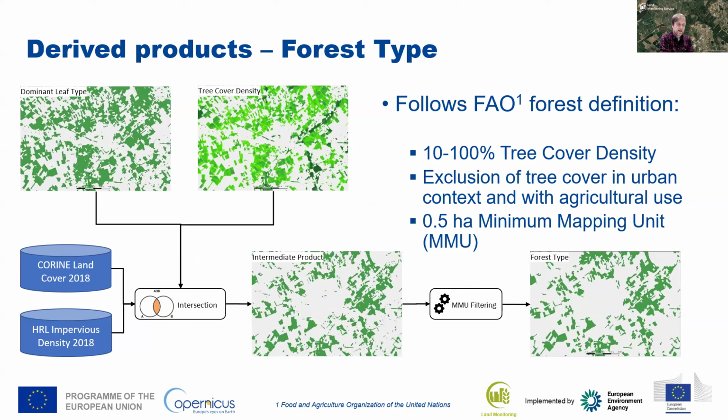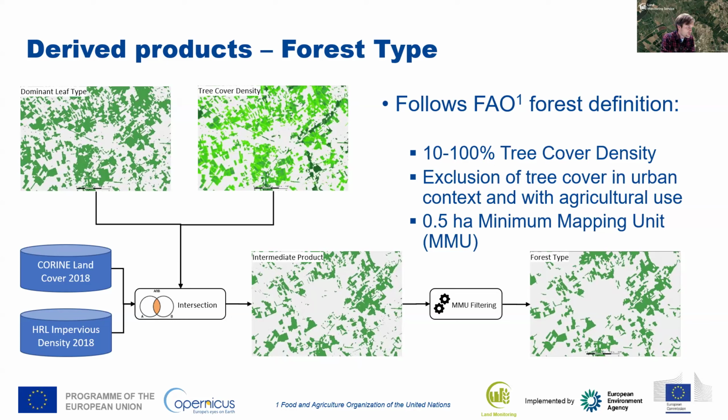On the right side, we see a summary of these criteria. The forest type product shows only areas with a tree cover density of 10 to 100%, excludes areas under agricultural use or an urban context, and has a minimum mapping unit of 0.5 hectare.